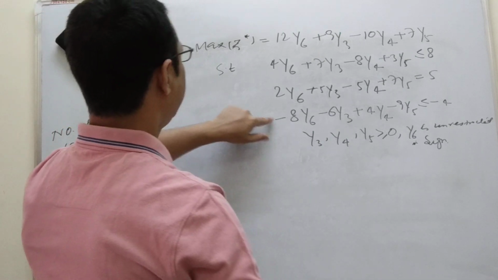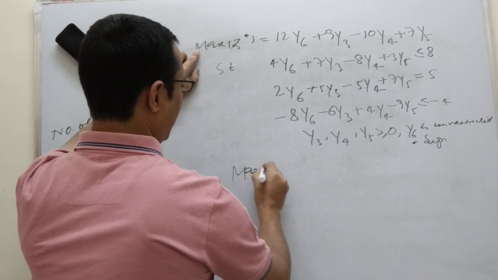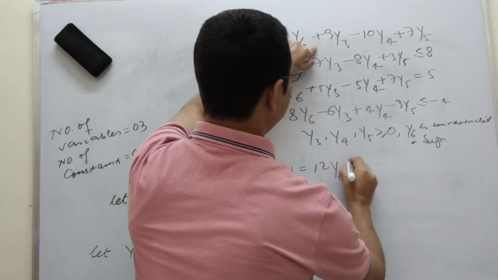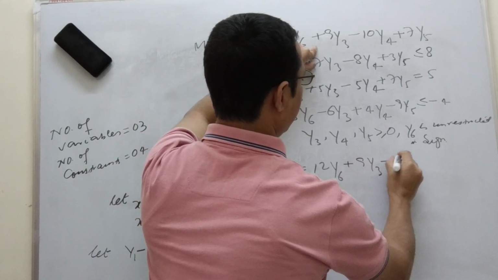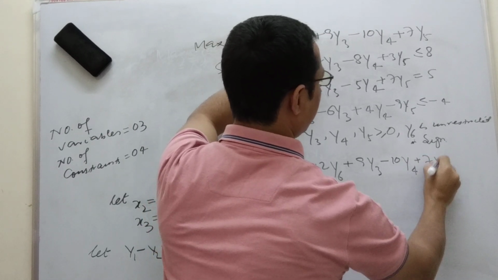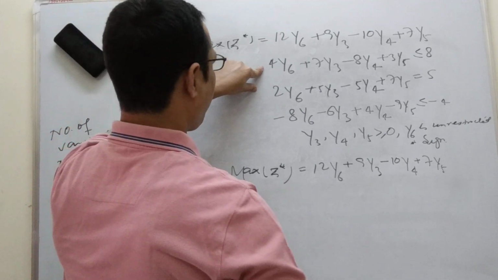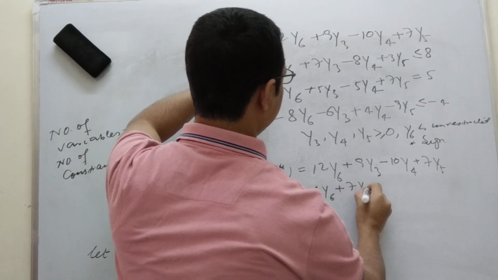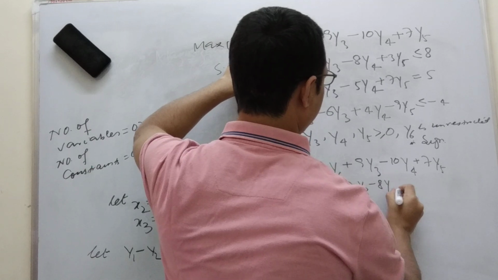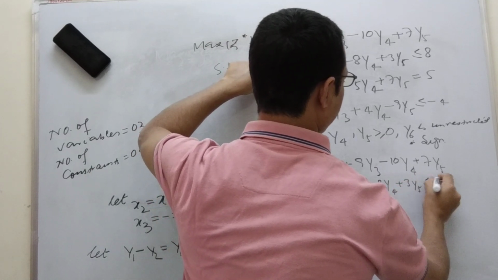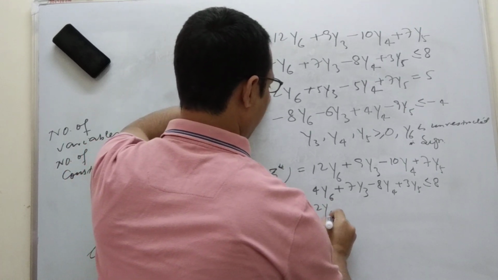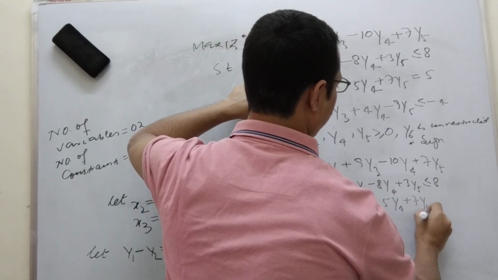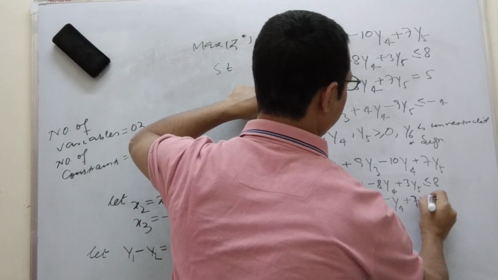So where are you going to see the changes? Just copy the same question: max Z star is equal to 12y6 plus 9y3 minus 10y4 plus 7y5, subject to 4y6 plus 7y3 minus 8y4 plus 3y5 less than or equal to 8, 2y6 plus 5y3 minus 5y4 plus 7y5 is equal to 5.